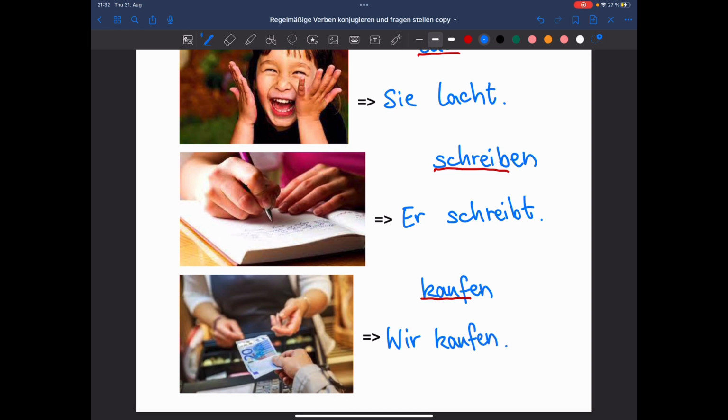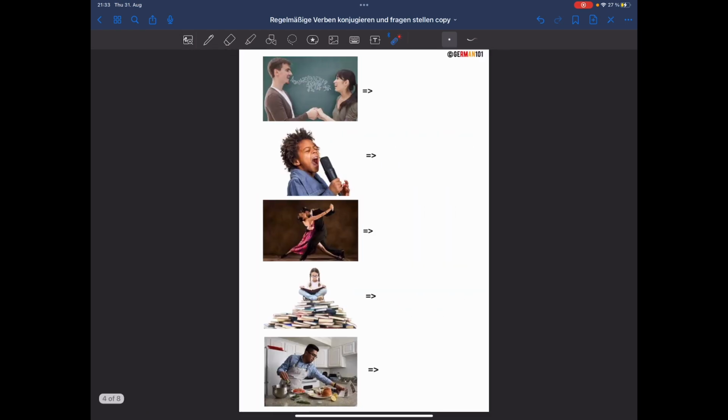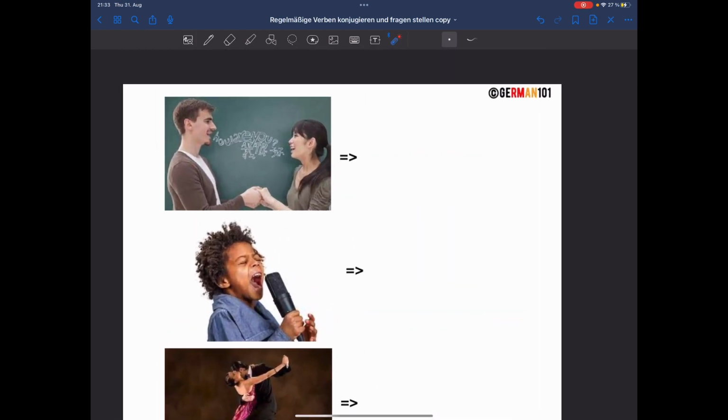And now you can see here that wir and sie, so we and they, have the same ending as the infinitive of the verb. So kaufen, wir kaufen, and nothing changes actually. So that's also one way to remember wir and sie. So we and they, the endings of the conjugations. Well done.